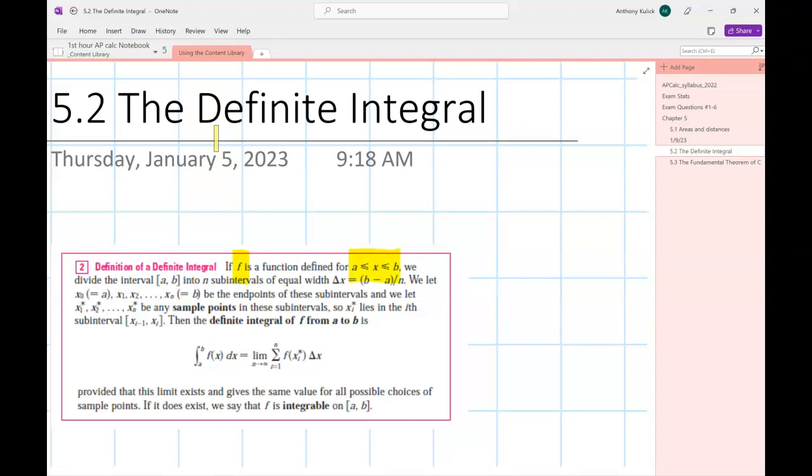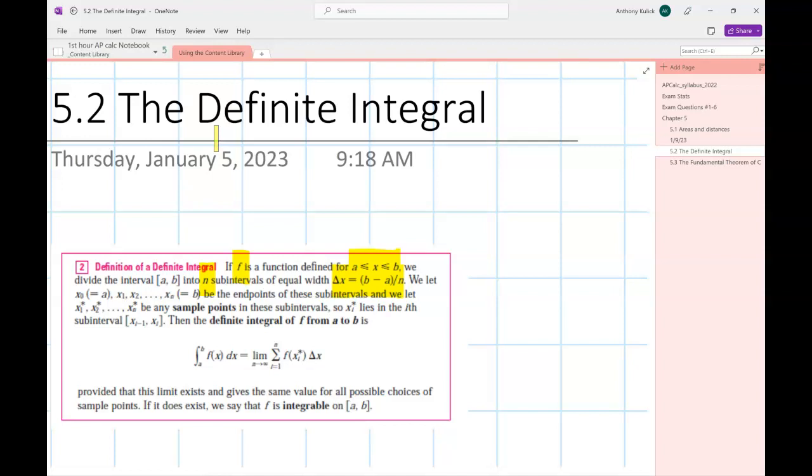We can divide that interval up into n subintervals of equal width, that width being b minus a divided by n. So exactly what we did in definition 2, from last time.